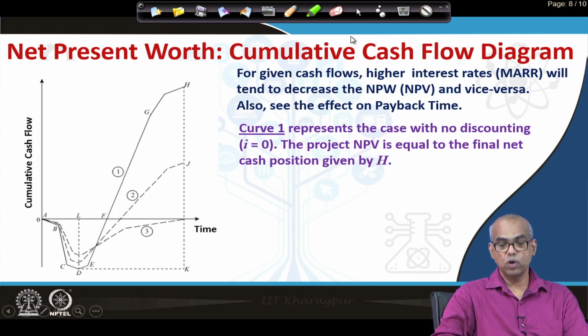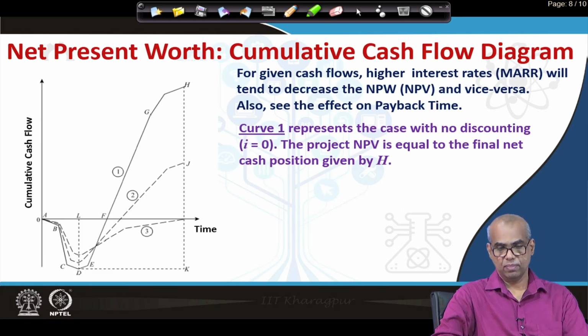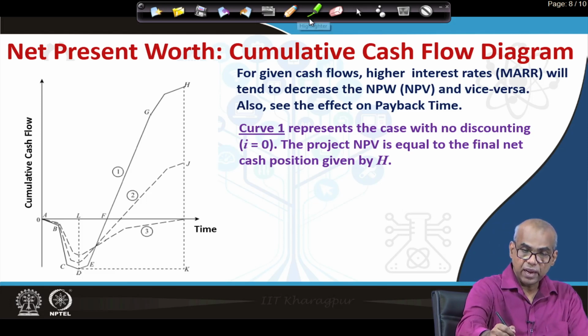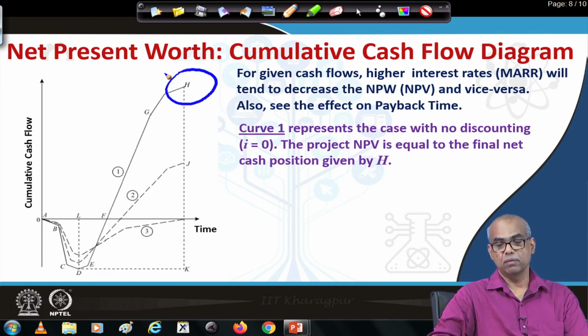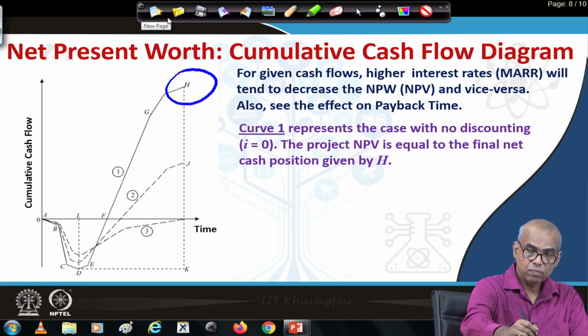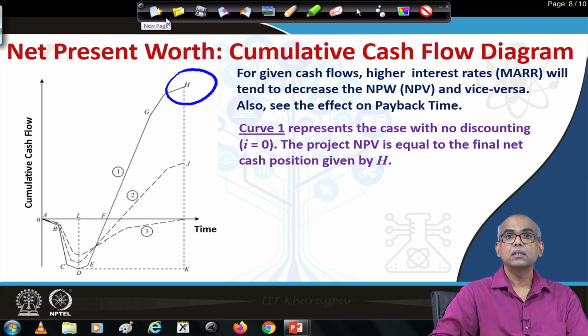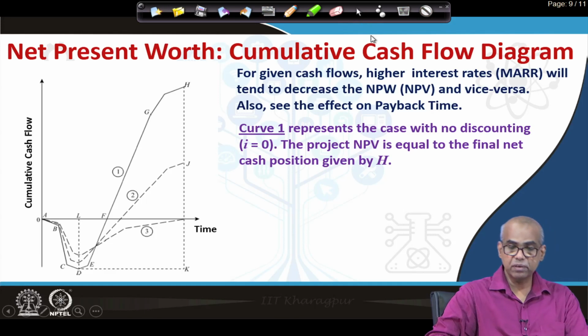So, look at curve 1 first. The curve 1 represents a cumulative cash flow diagram with no discounting. That means the rate of return i is 0 here. The project NPV is equal to the final net cash position, which is given by the point H on the cash flow diagram. Now, let us take a case where I have increased the rate of interest i.